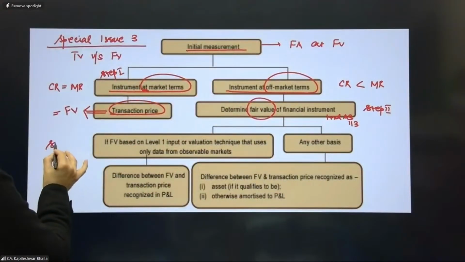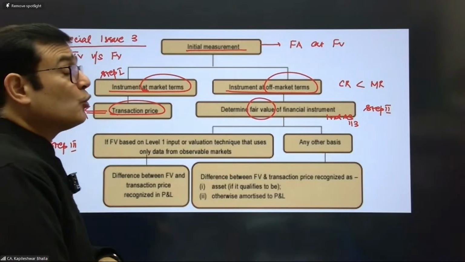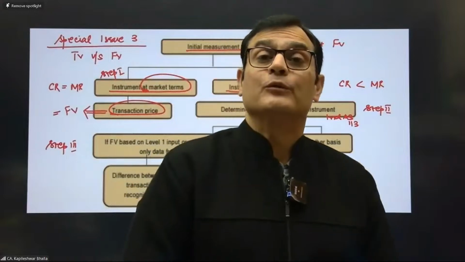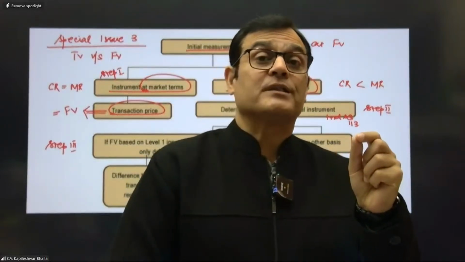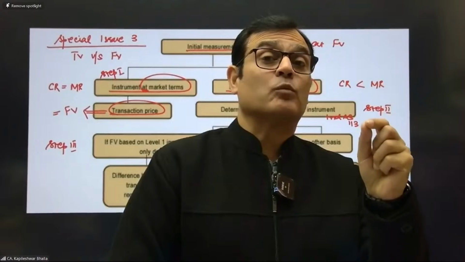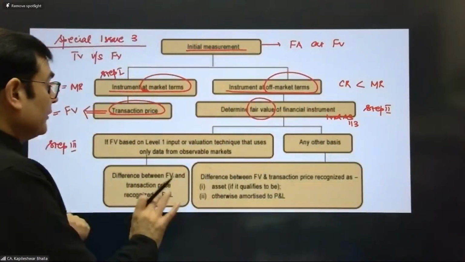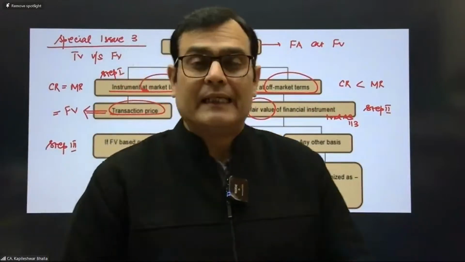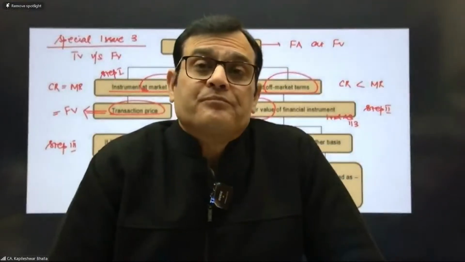So this is now step number 3, wherein I am going to look at the source, the basis at which the fair value is computed. I am going to identify what is the base, or you can say the source, of calculating a fair value. Before I read these inputs to you, let me take you to the concept of Ind AS 113.